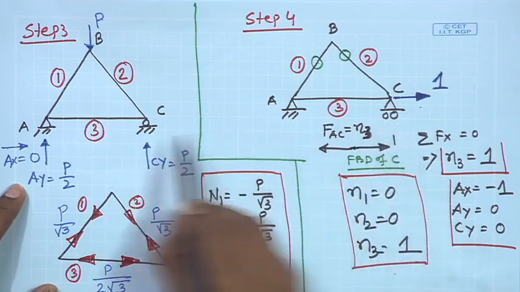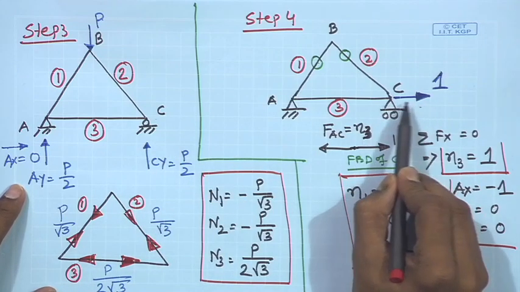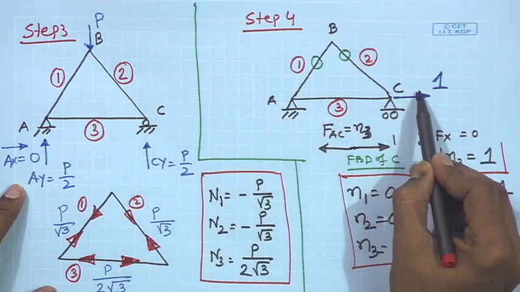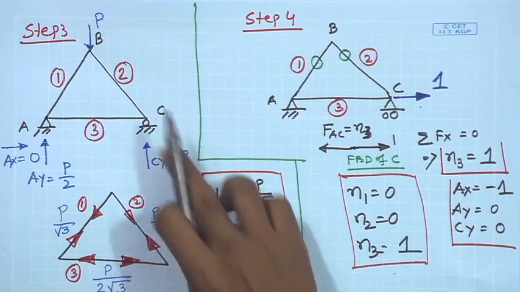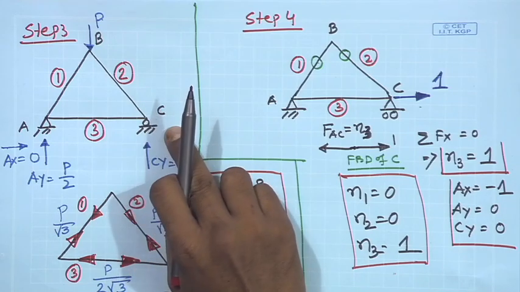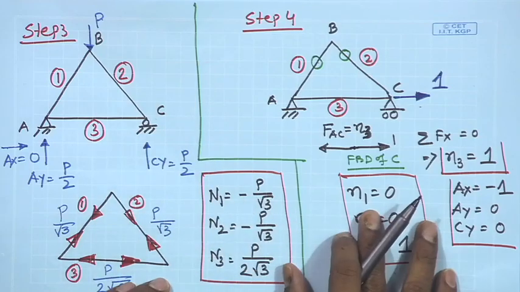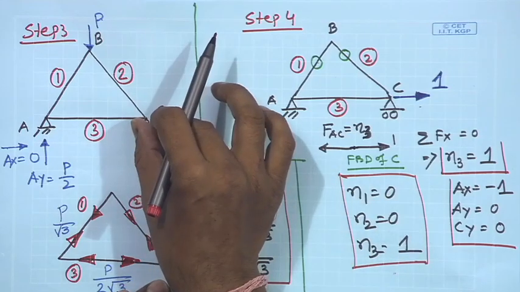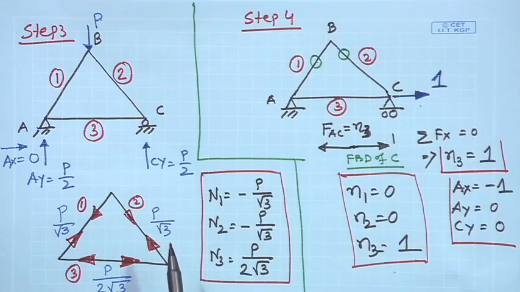So, the total support displacement at C will be this plus this, and the compatibility condition says that because in the original structure this point was a hinge support, there should not be any deformation at C. So, the compatibility equation says that the deformation obtained from this and the deformation obtained from this, their summation should be equal to 0.